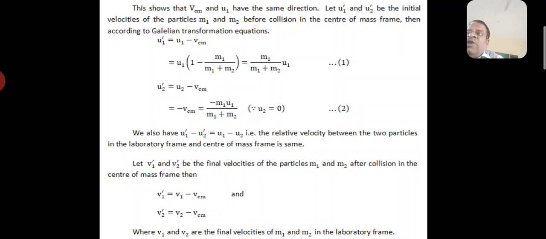u1 dash and u2 dash are the velocities of the two particles in the center of mass frame. u1 and u2 are the velocities of the particles in the laboratory frame. Therefore, relative velocity in both the frames is the same.